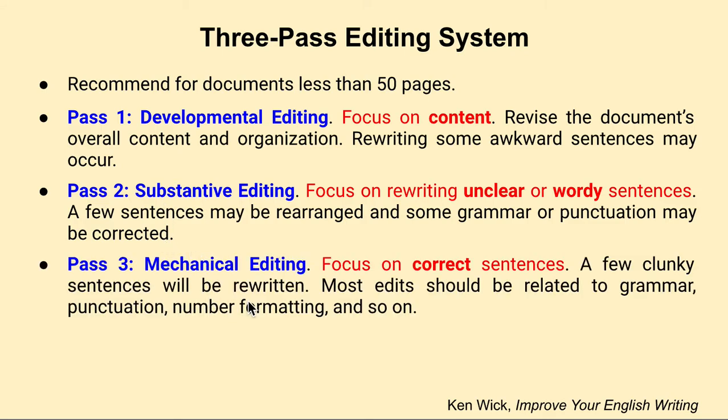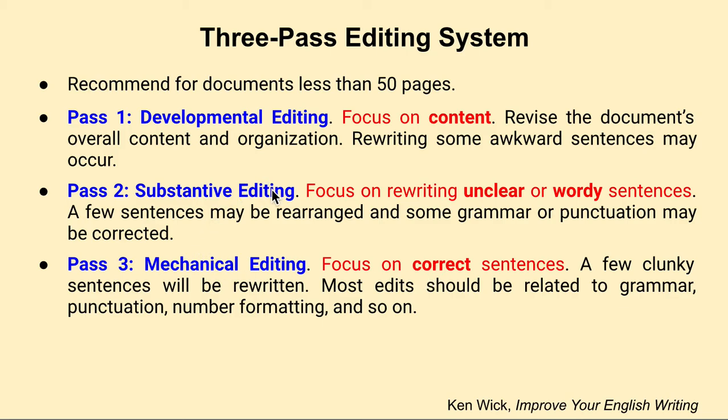Pass 3 is focused on correct sentences, and this is basically mechanical editing. This is where we're going to focus on correct grammar, word usage, capitalization, number formatting, punctuation, things like that. Now, when you're doing pass 3, 80% of your work should be on correct sentences.